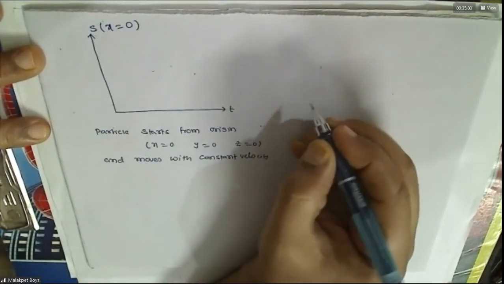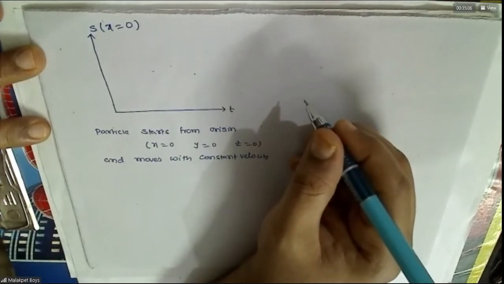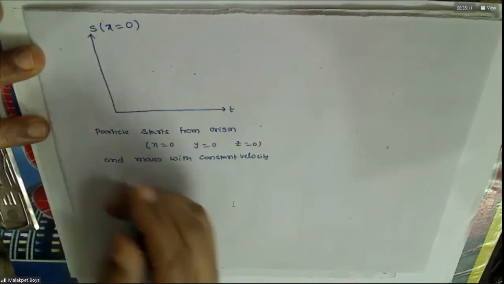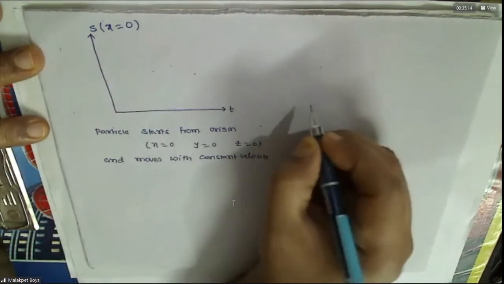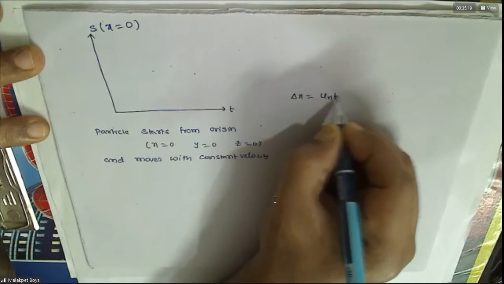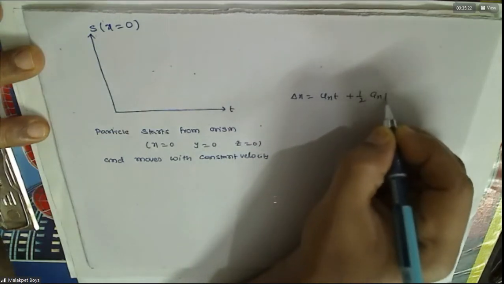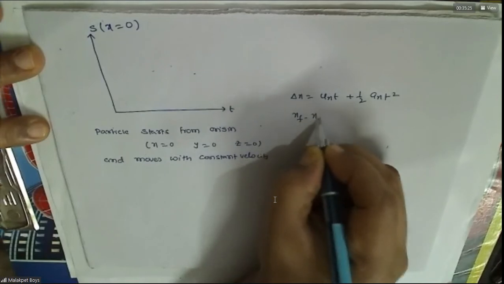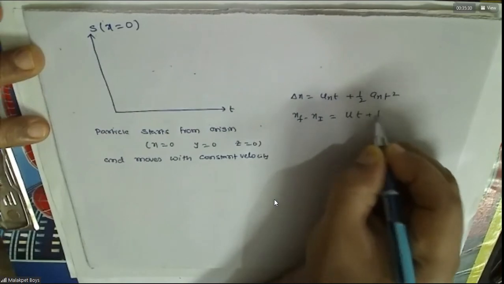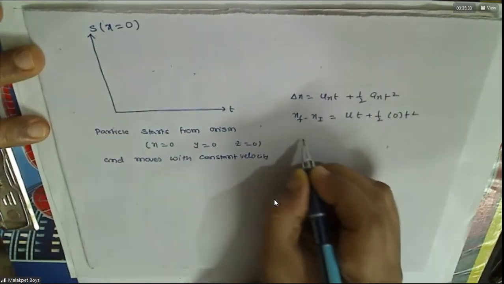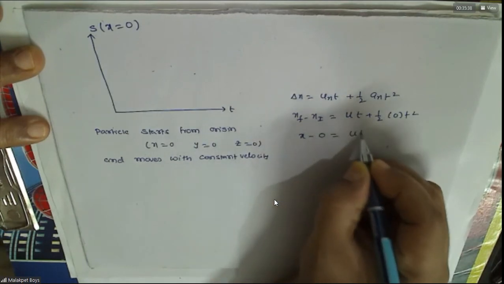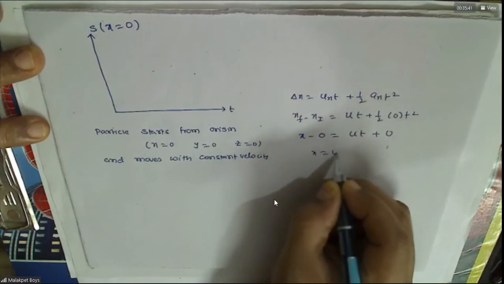If the particle is moving and the x coordinate is changing, then what will happen? We have delta x equals u_x t plus half a t squared. This is final x coordinate minus initial x coordinate. There is no acceleration. So x final, initially 0, equals ut. That means x is equal to ut.